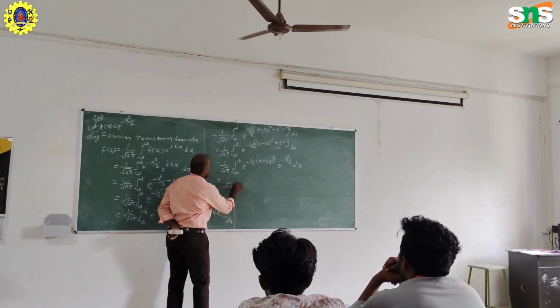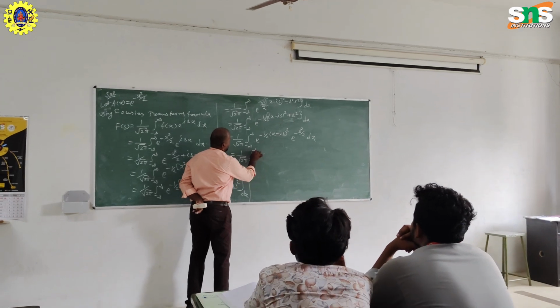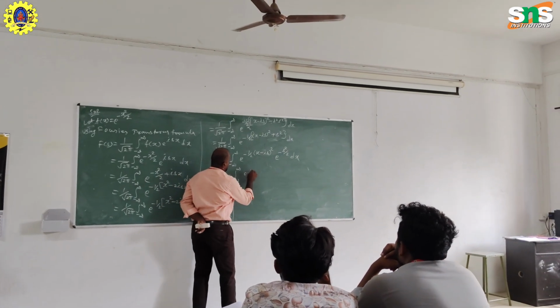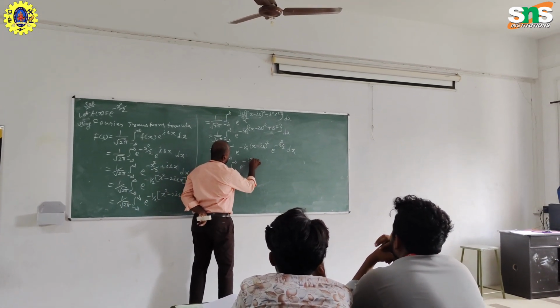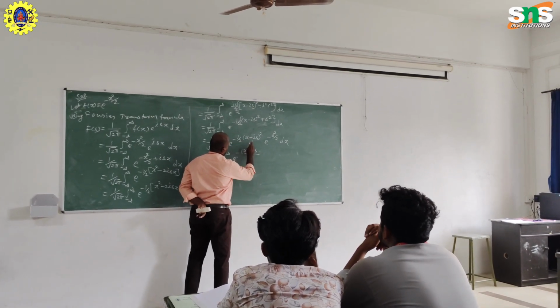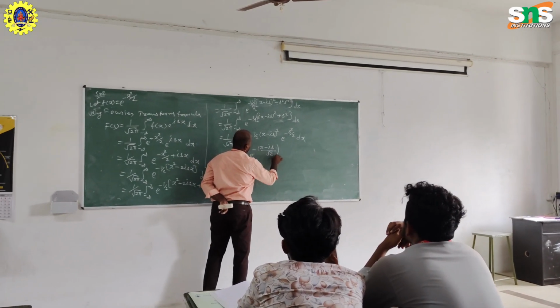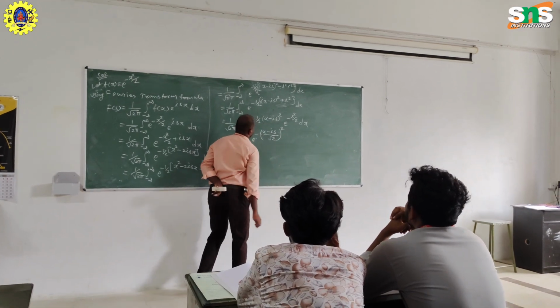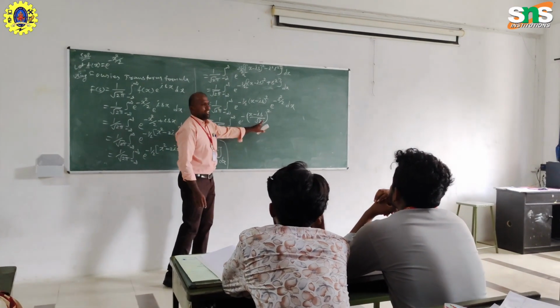1 by root 2 pi integral minus infinity to plus infinity e power minus x minus is by root 2 the whole square, since root 2 the whole square value is 2.